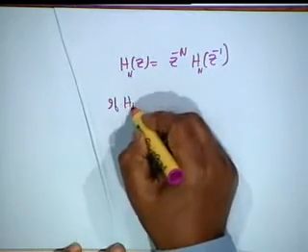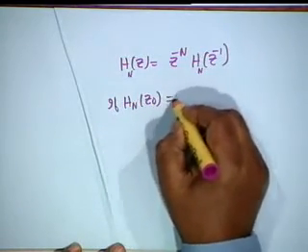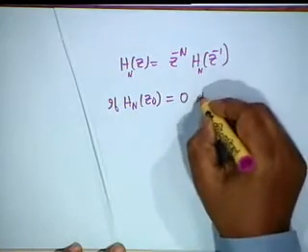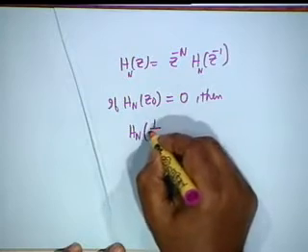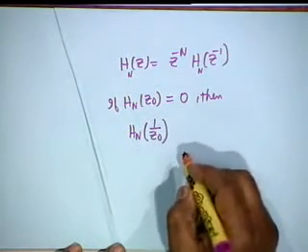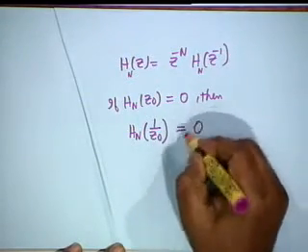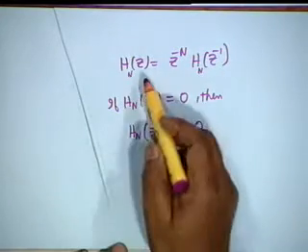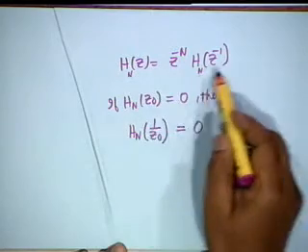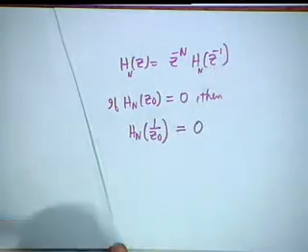If Hn of z0 is equal to 0, then obviously Hn of 1 by z0 must also be a 0, because the two are identical. If we put z0 here, then we must put 1 by z0 here also.